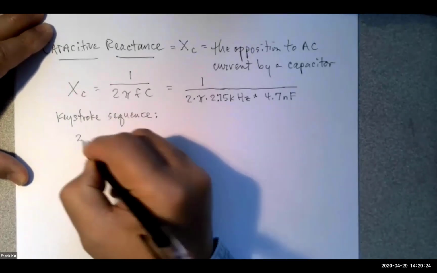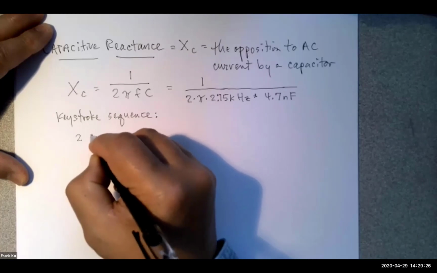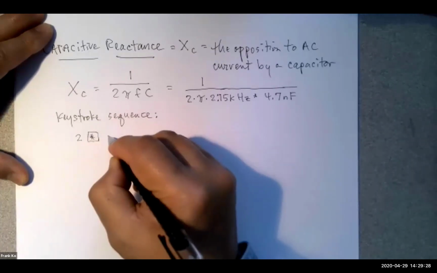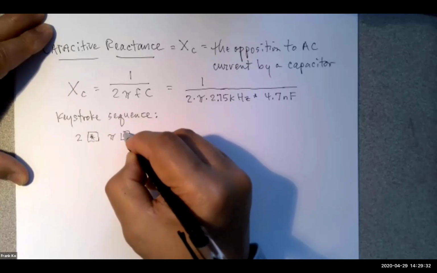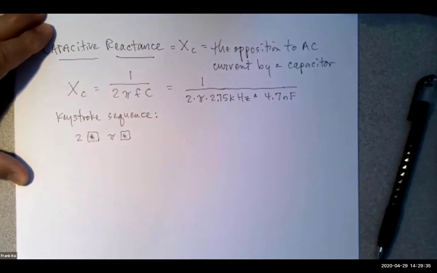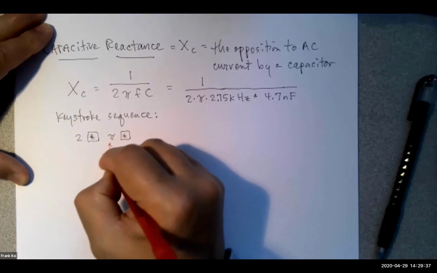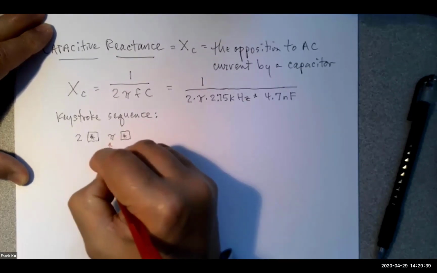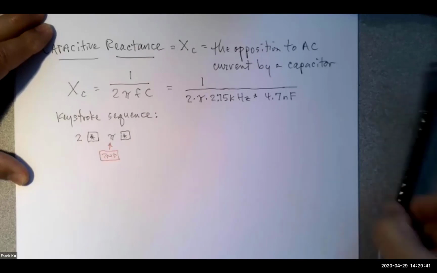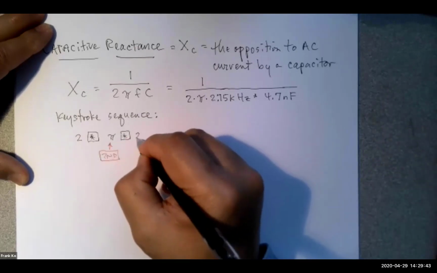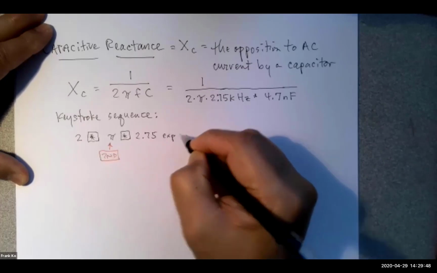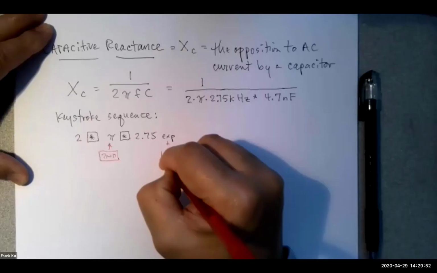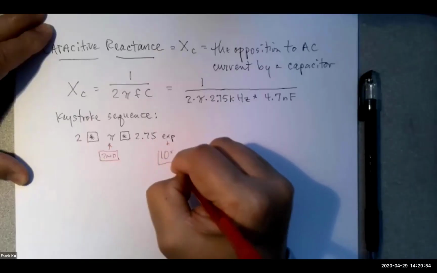The keystroke sequence will become 2 times pi times, and for some of you, that pi might be a second function in order to get to your pi key. Then 2.75, and then EXP, and for some of you, that EXP could be a 10 power x key.